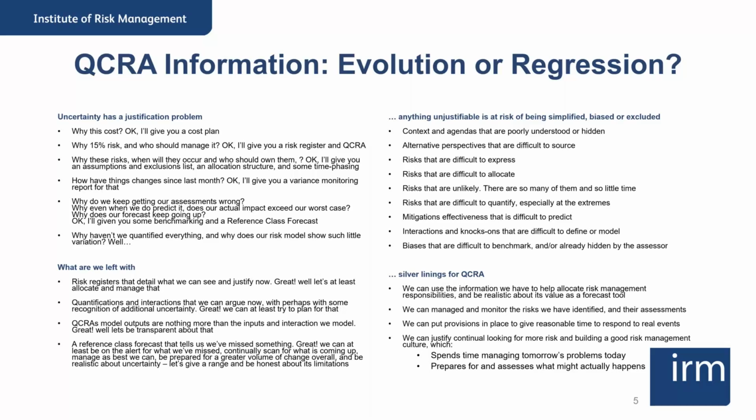And those silver linings that I talk about there is that when we have a QCRA, whilst it's limited, it helps us to allocate risk management responsibilities and be realistic. We can look at the risks that we have and manage and monitor them. We can track them. We can understand them. We can put provisions in place in good time. These long projects and planning means hopefully we are much better at looking at what's coming over the horizon, so that we're still getting provisions in the right place to be effective when they're needed.